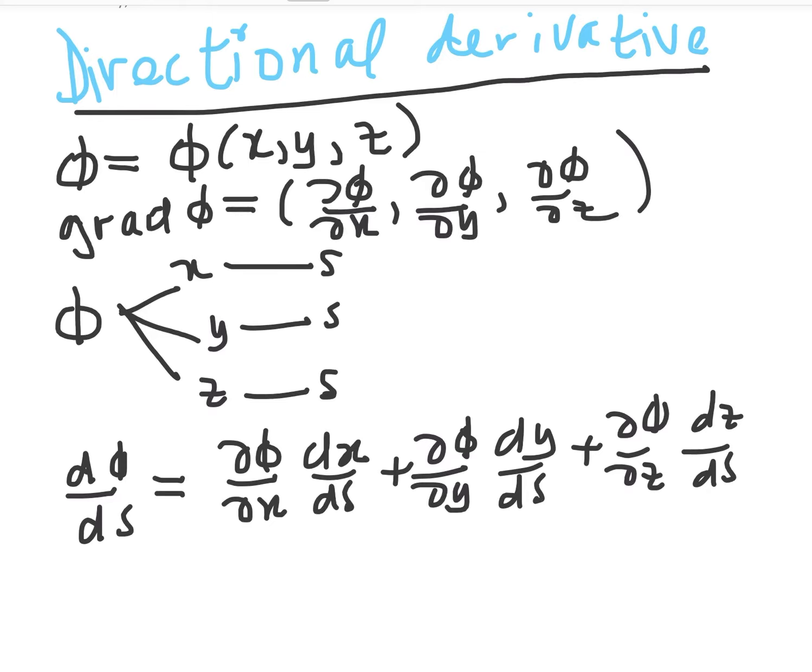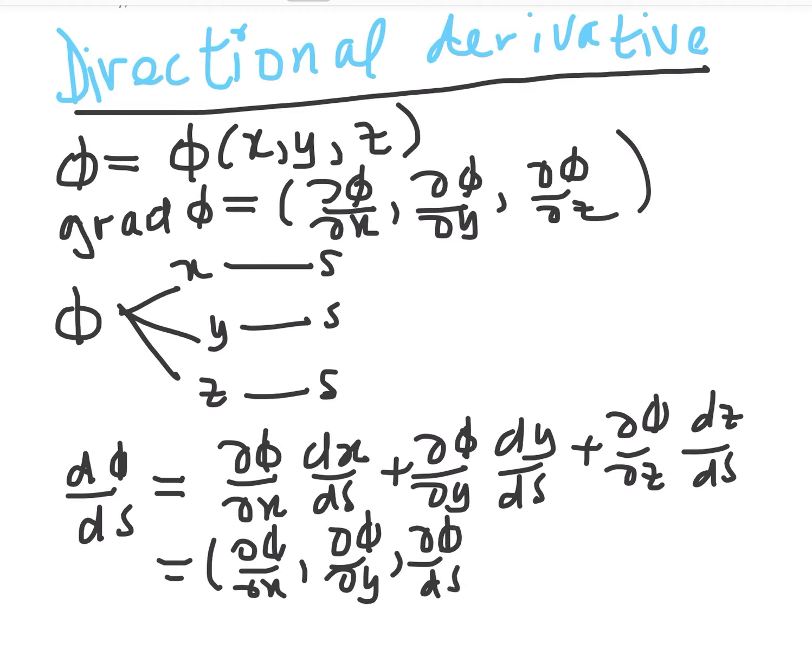As a result of that, we notice that we could write this as a dot product of two things. If you look closely, as the first vector we could have the derivative of phi with respect to x, the derivative of phi with respect to y, the derivative of phi with respect to z, dotted with the vector dx ds, dy ds, dz ds.